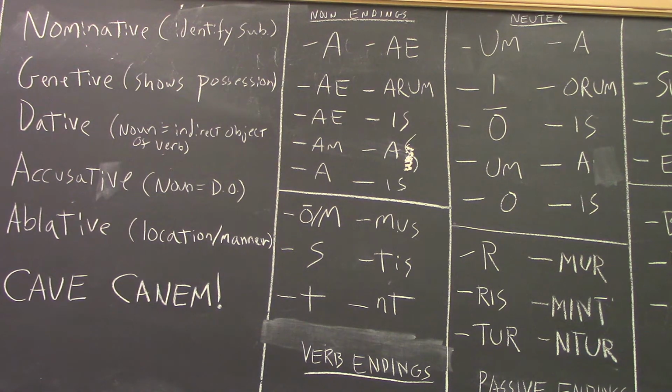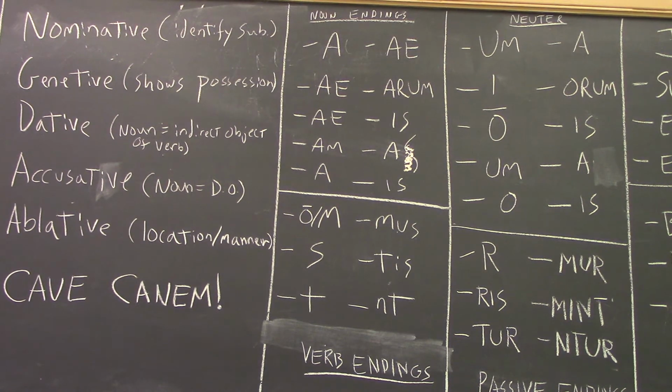Likewise, with verbs, your ending is going to be o or m, s, t in the singular, and mus, tis, nt in the plural. However, before we get too far ahead, knowing neuter endings as well as passive endings is going to be important. So let's cover those next.